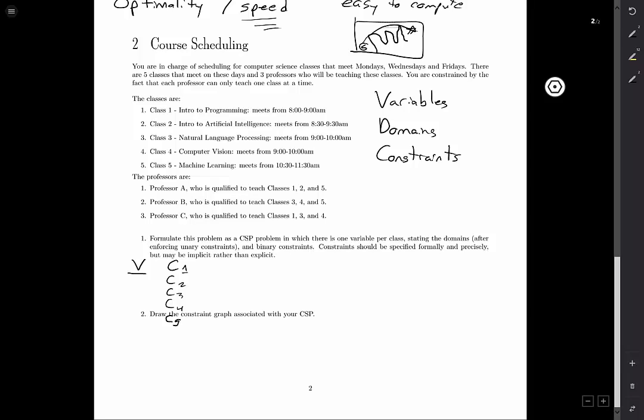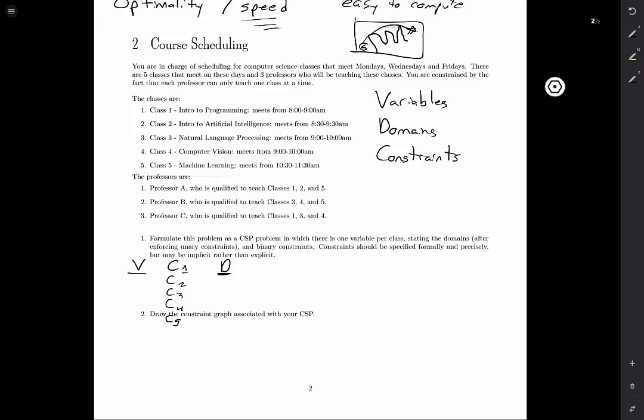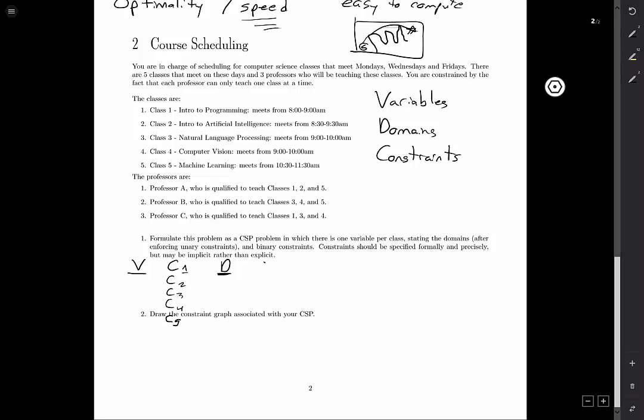Okay, now we're going to talk about the domains. So for the domains, what can C1 take on? These are often unary constraints. They're constrained only on one variable. So for class 1, the domain is only those professors that are qualified to teach it.